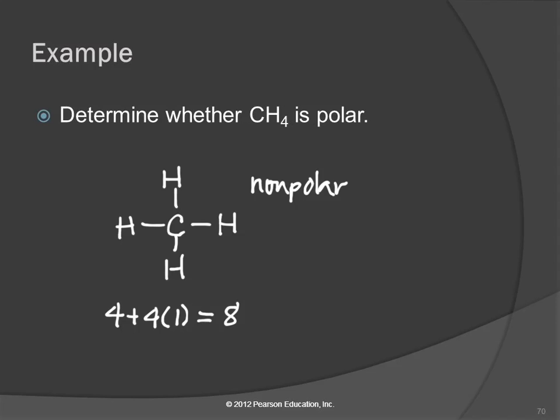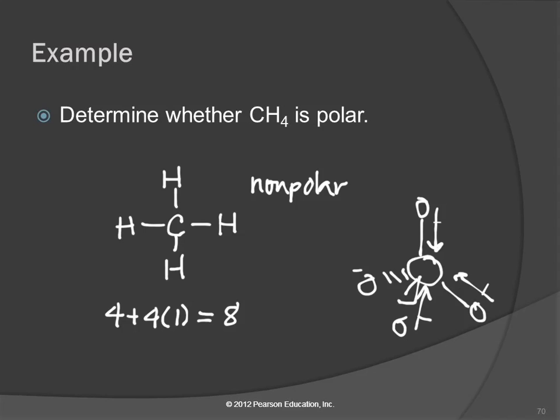Now let's think about the whole pulling business. Are these polar bonds? Most likely, because carbon and hydrogen are different elements, right? So the carbon would be the more electronegative, and so this is a polar bond, and that's a polar bond, and this is a polar bond, and that's a polar bond.